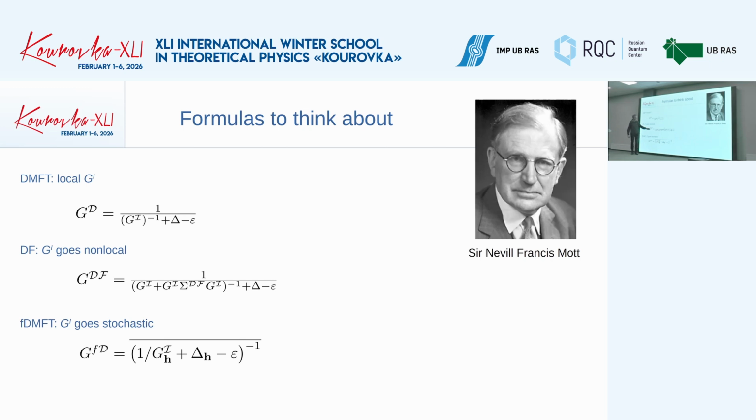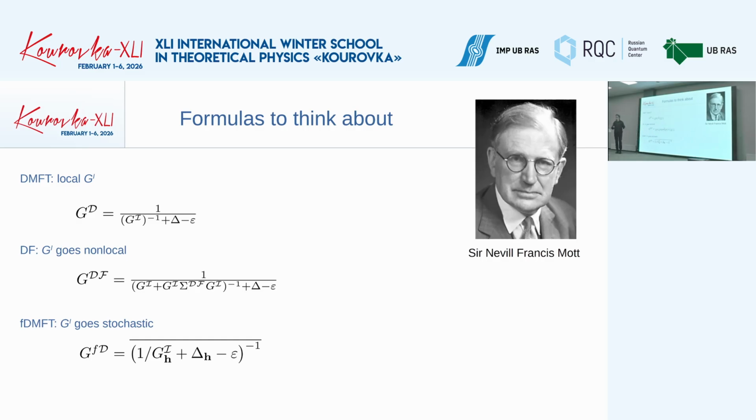We take the dual fermion correction. The difference is, as I told you, there is a non-local correction to the Green's function. So the Green's function goes non-local, and in this fluctuating local field approach, the Green's function goes stochastic.